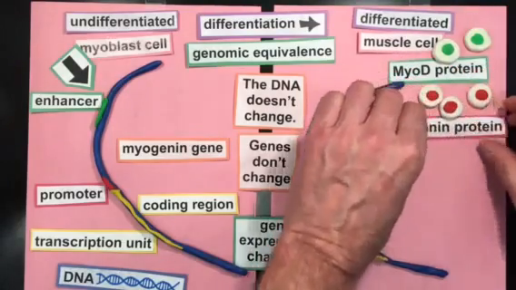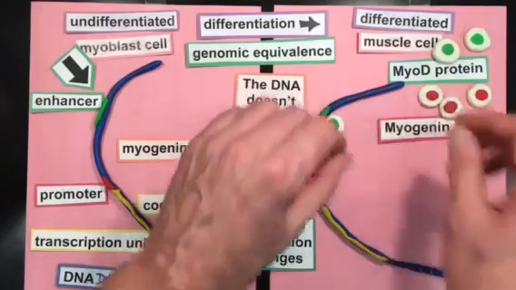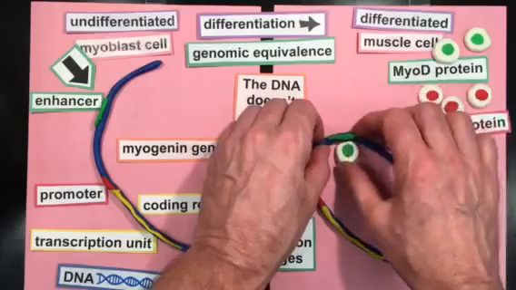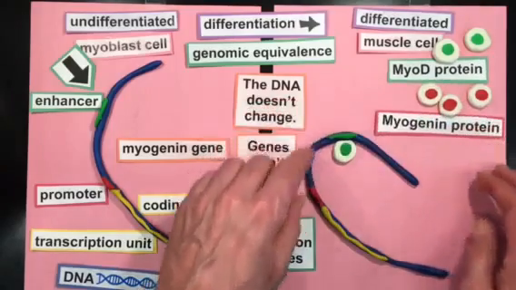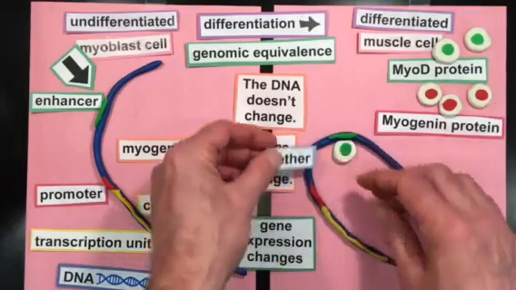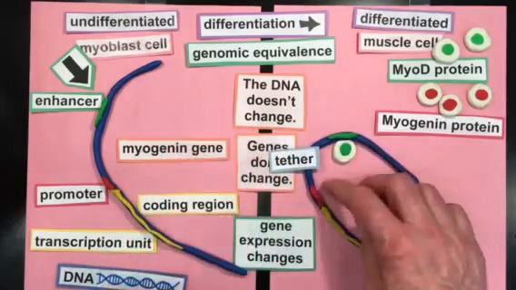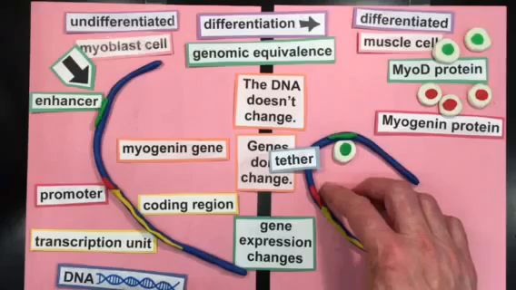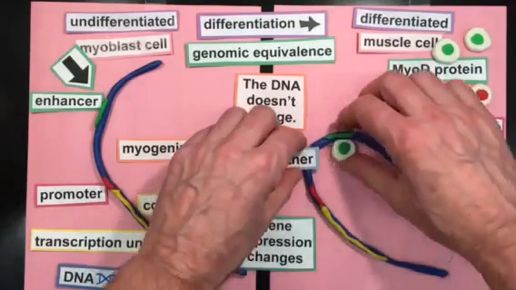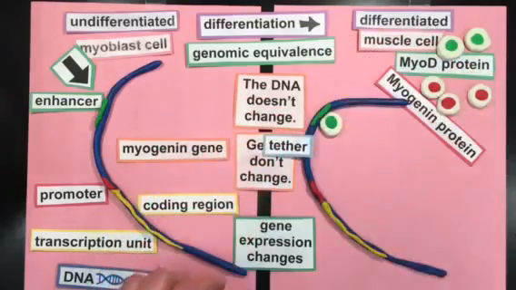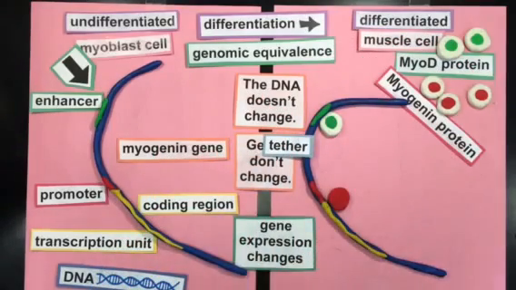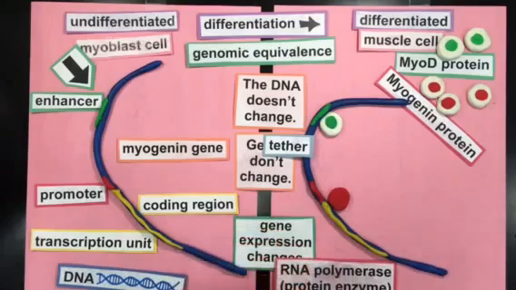The MyoD protein is far from the rest of the myogenin gene, but the DNA is floppy, and this part of the gene functions like a tether or a leash to connect the MyoD protein to the rest of the gene. What happens is that MyoD and other proteins team up to activate transcription of the gene by an enzyme called RNA polymerase.